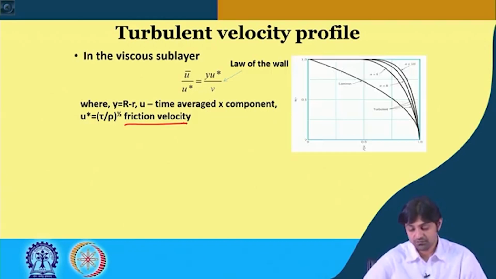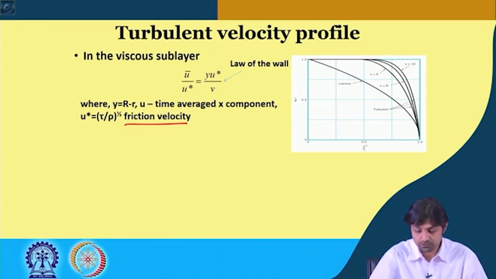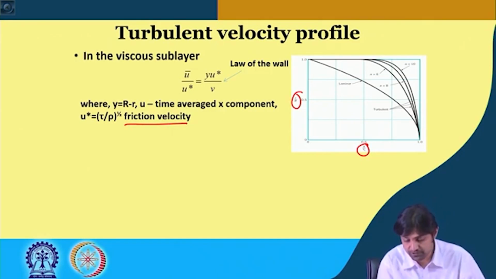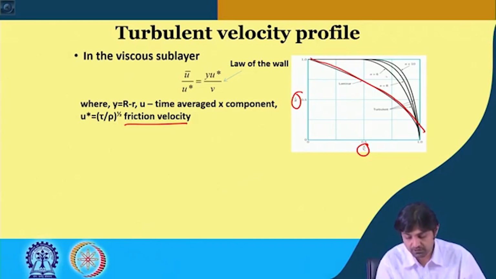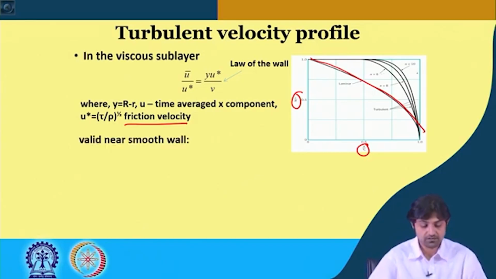There is a curve in the figure showing u bar by center line velocity against r by R, with the laminar flow curve, and n is equal to 8, n is equal to 6. What that n is, we will come to.